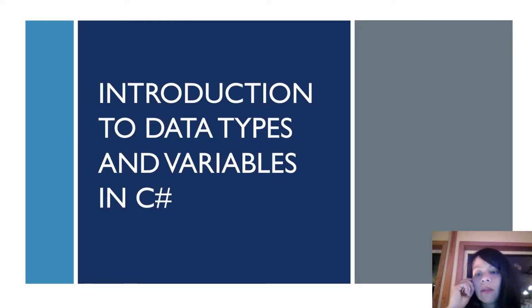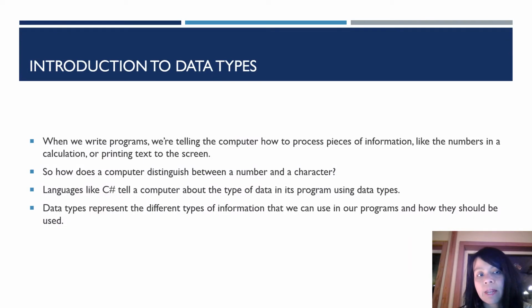Right, so we're going to continue on with an introduction to data types and variables in C#. So in our introduction to data types, let's talk about when we write programs. We're telling the computer how to process pieces of information like the numbers in a calculation or printing text to the screen, right?